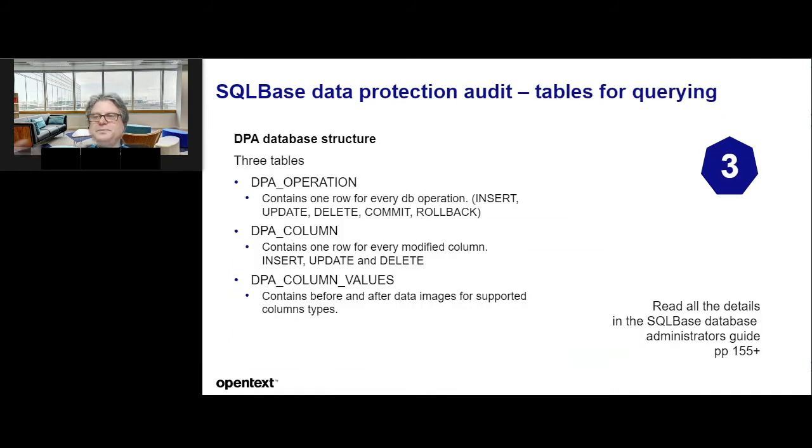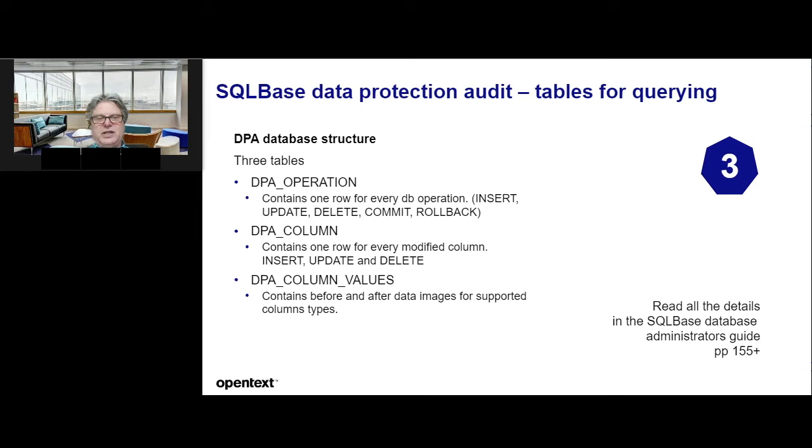And then if you look into the DPA database, you will find there are 3 tables: DPA operation, DPA column, and DPA column values. You can use these tables to query what has been going on. The DPA operation contains insert, update, delete, commit, and rollback transactions, or transaction steps, I should really say.